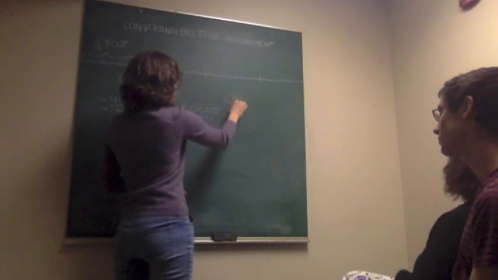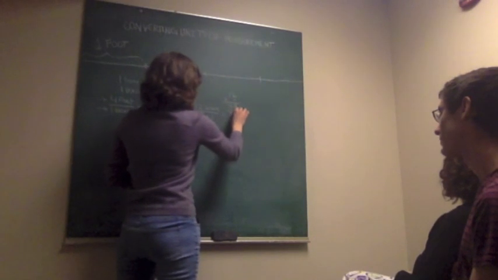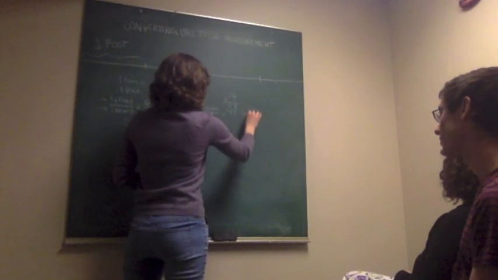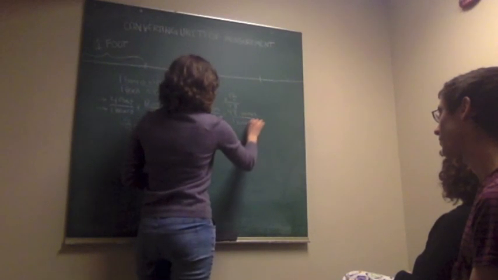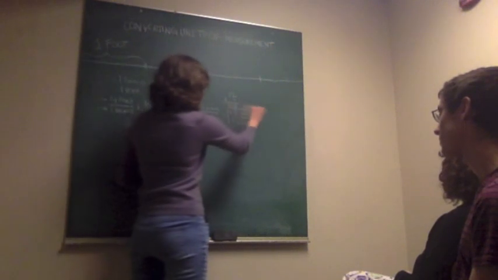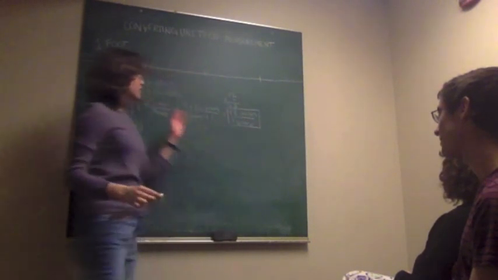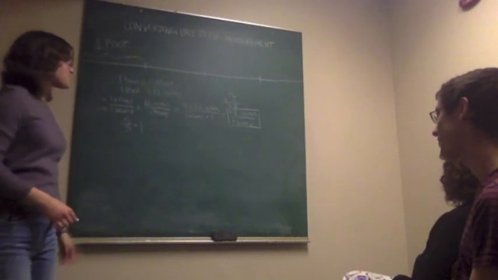So 4 times 2 is 8, and 4 times 1 is 4. So we have 48 inches per 1 board, because here we have 1 times 1. So now we know that we have 48 inches per 1 board across this board.